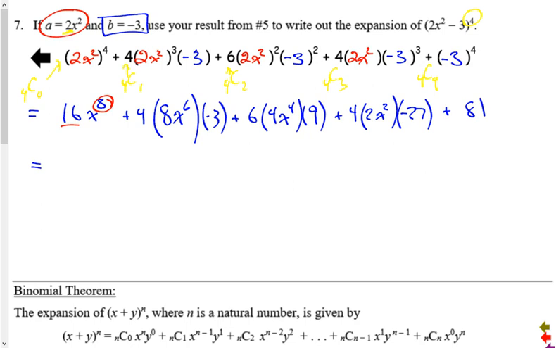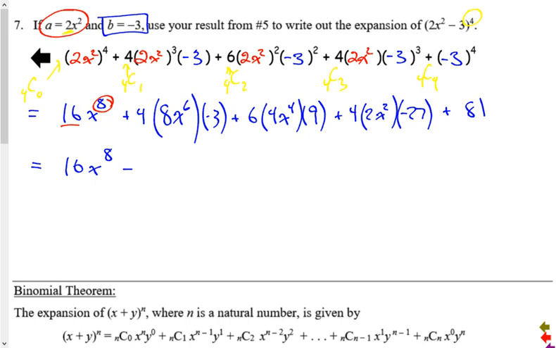So you might have expanded this more quickly, doing it on your calculator or something. Doing it in my head is a little slower. 16x to the 8th. And then negative 12, so 4 times negative 3 times 8 is, I have a number coming to mind, but I don't know if it's right. Is it 216? No. The next one's 216 then.